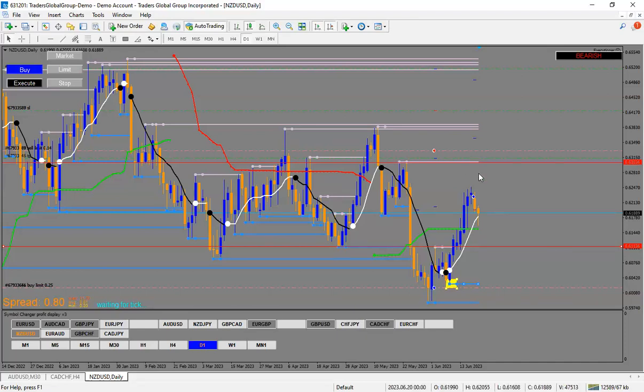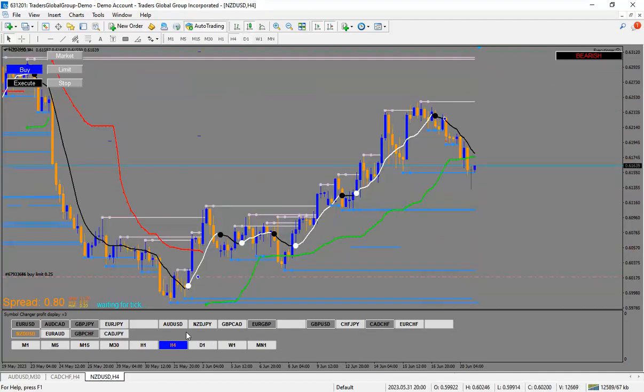I mostly use fractal to fractal because I expect price to reject upon the retest of every fractal. So this is what I expect. So if you see, my TP1 is around this area and my TP2 is around this area.